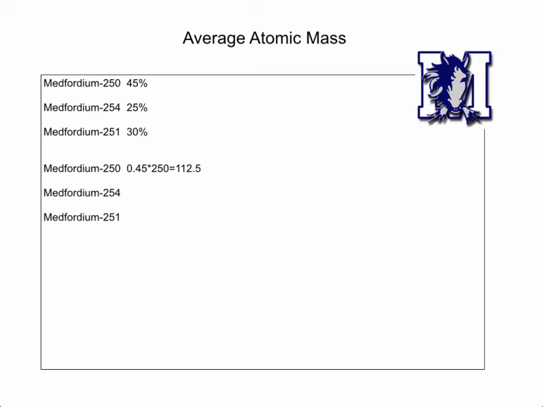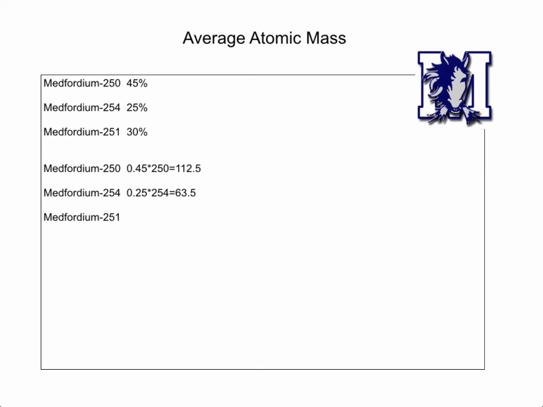Now for the next isotope, I just repeat the process. So I convert the 25% to a decimal, 0.25, multiply by the corresponding mass number, which is 254, and the answer I get is 63.5.